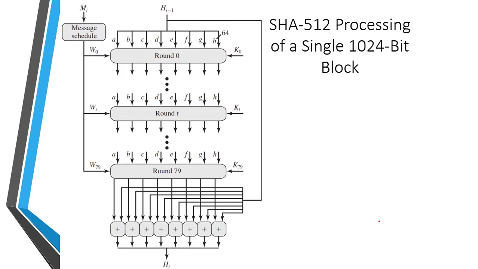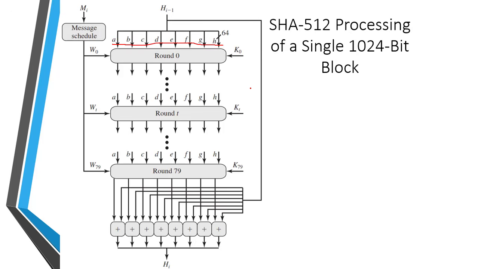So now we will see how each of the buffers gets updated in the SHA-512 algorithm. First of all, we can see that every round function takes a total of 8 inputs as 8 buffers, and constants k0 to k79.